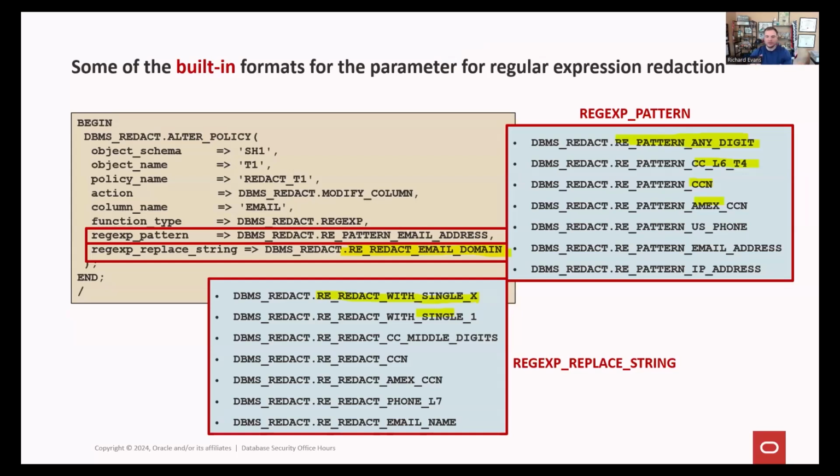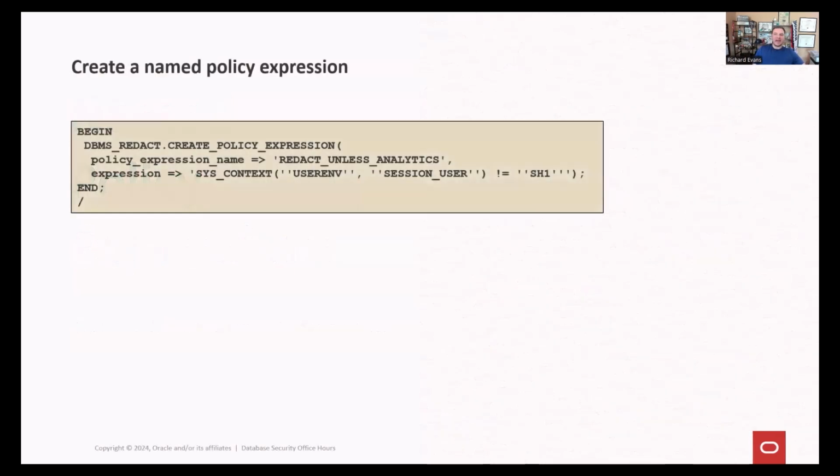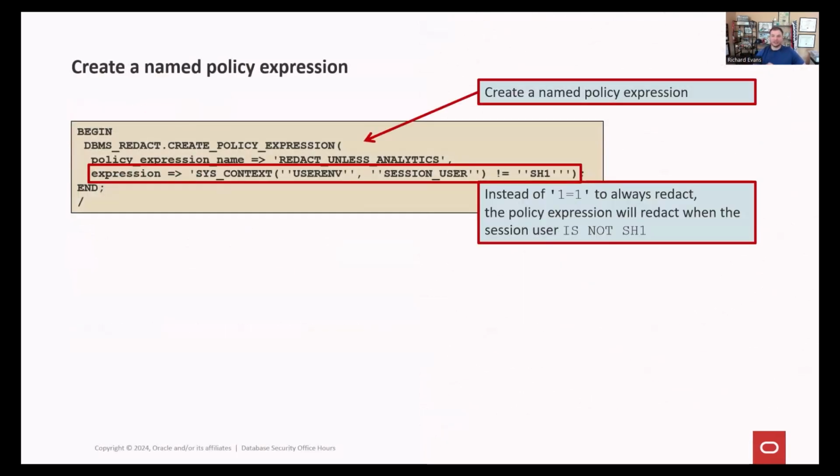Okay. So we've covered nullifying, we've covered partial redaction, we've covered regular expression redaction, but there's going to be times where you may or may not want to redact the column based on maybe where that user is coming from. Okay. So each table, view, or materialized view can have one data redaction policy. That data redaction policy has an overall expression associated with it. We can create a named policy expression that overrides that default expression of 1 = 1.